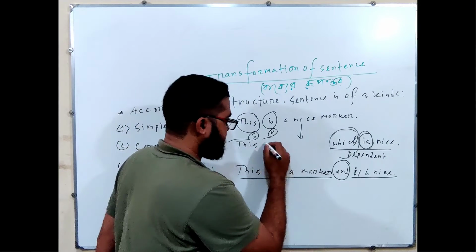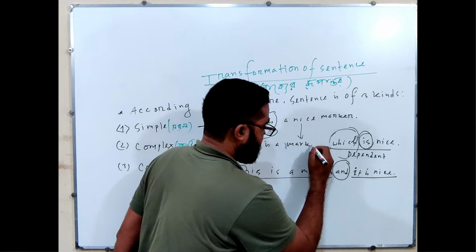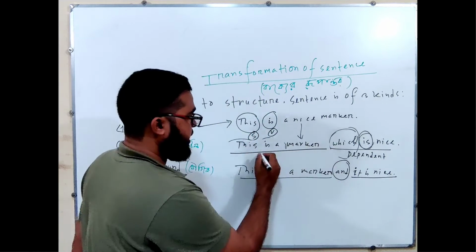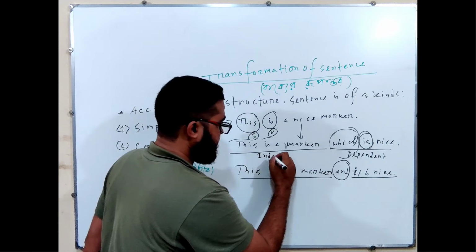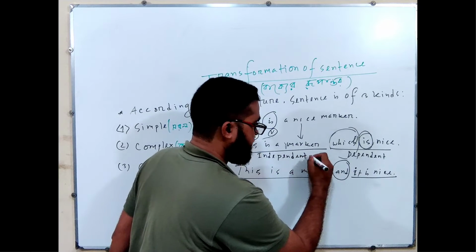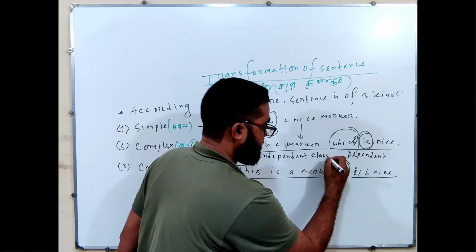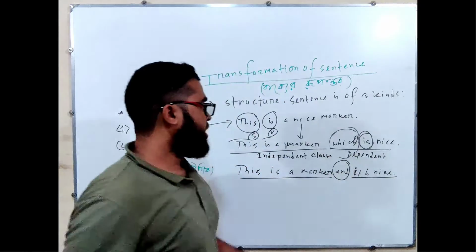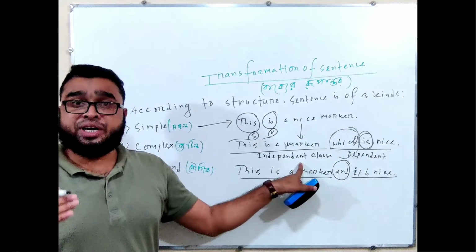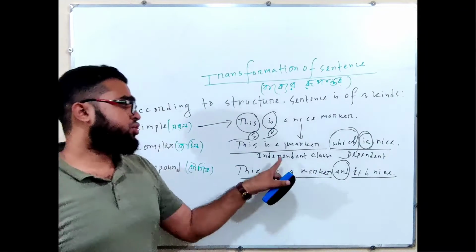This is called independent clause. Independent clause. And this is dependent clause. And independent clause, you already understand. Independent means the clause which can express its meaning by itself.